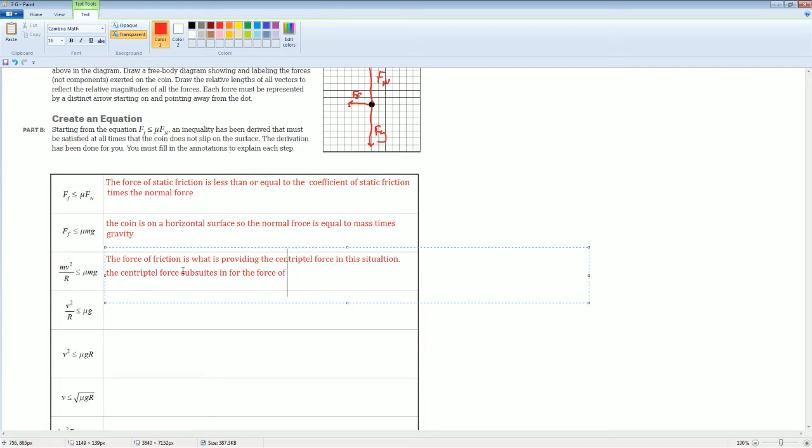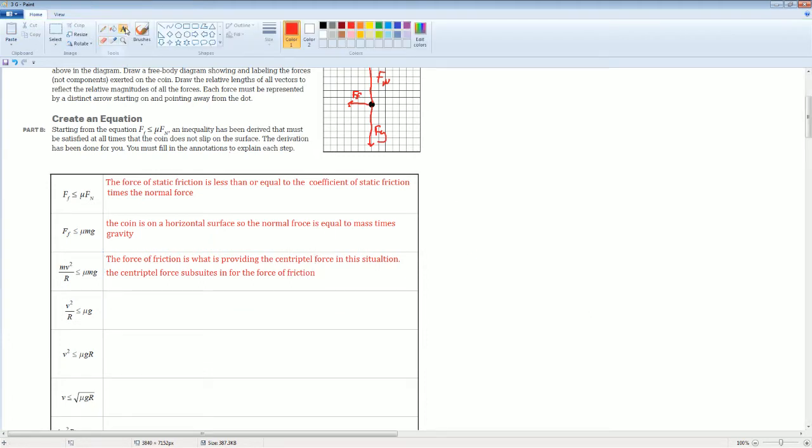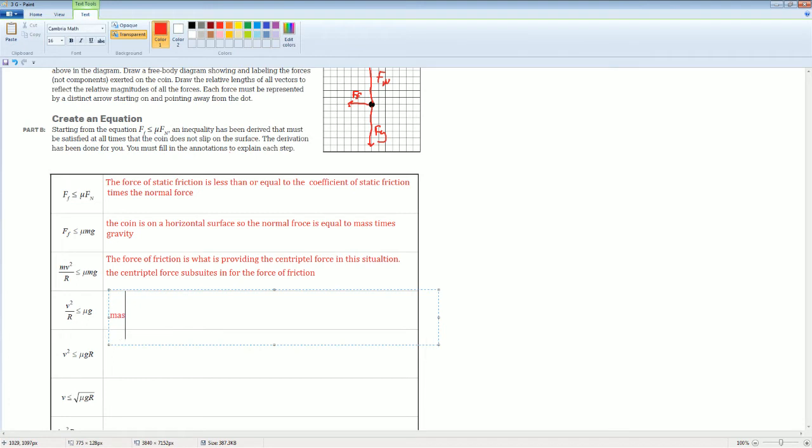So the mv squared over r is what the force of friction becomes in this case, all right? Next, here the mass cancels out.